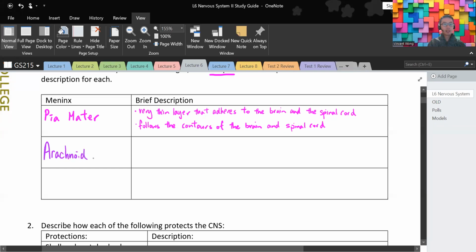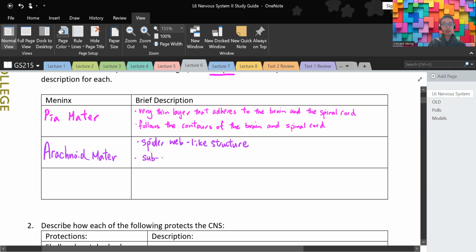Arachnoid mater. So this one is a spider web like structure. And the arachnoid mater has the subarachnoid space, and I'll show you what it looks like in a second. And that space is filled with cerebral spinal fluid.